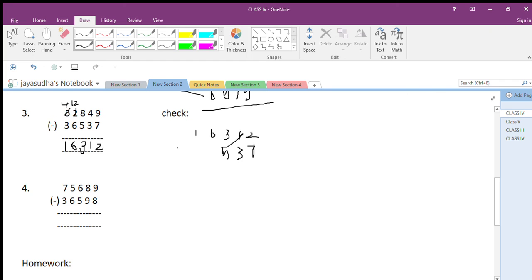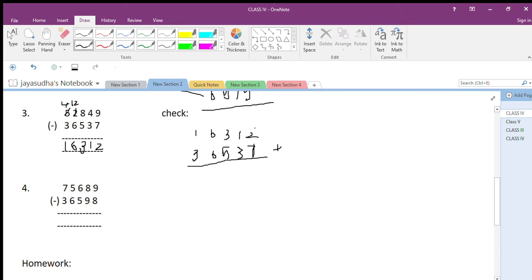Then the thousands place 6. Then the ten-thousands place 3. Now you want to add these two numbers.